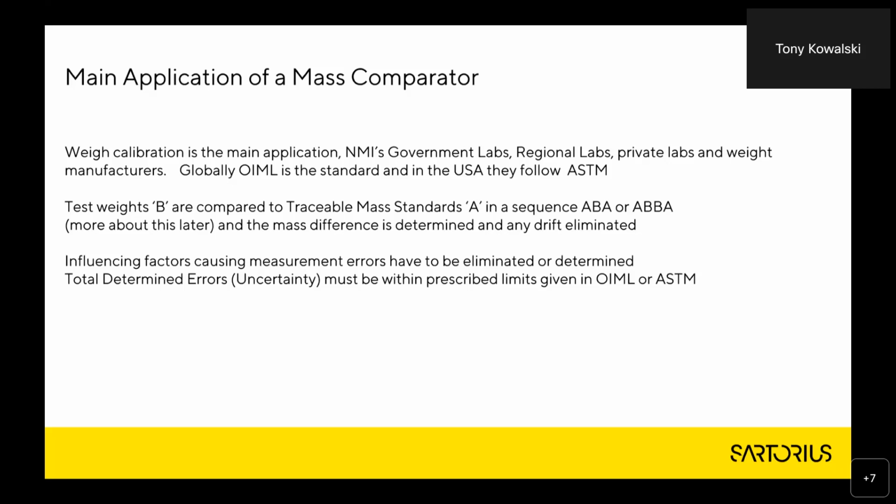The mass comparator contributes a small amount towards this, but the overall process of managing the calibration of your weights includes several areas which we will follow towards the end of the seminar, how we add all of these errors together to come with the combined total uncertainty. But it belongs to the process of the calibration and is not belonging just to the mass comparator.